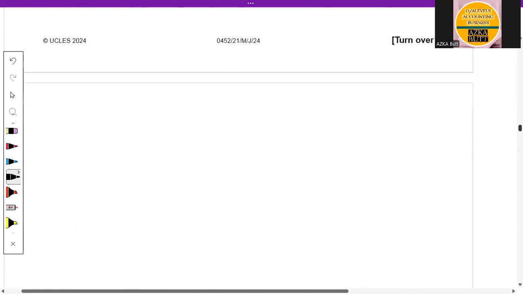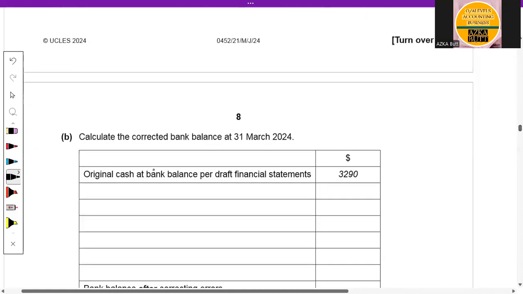Okay, now let's see the other question. Calculate the corrected bank balance at 31st March 2024. The opening cash at bank balance as per the draft financial statement is 3290, and we have to find out the corrected bank balance.